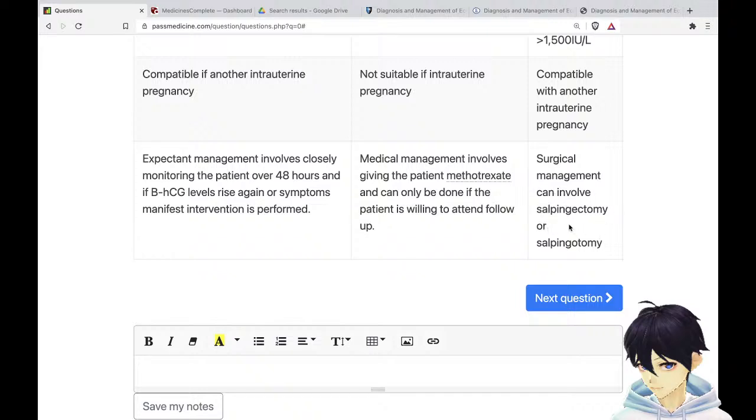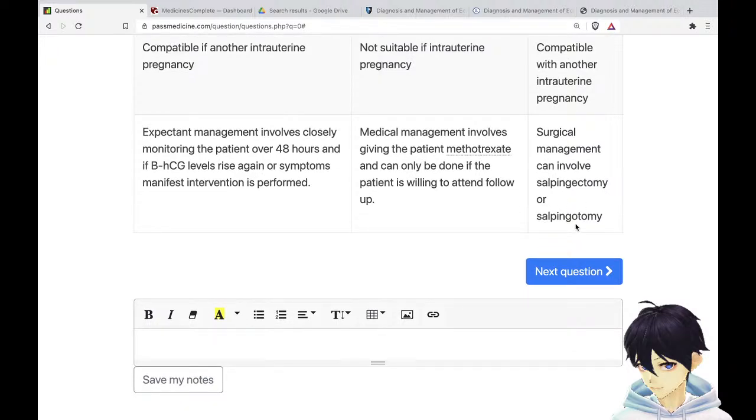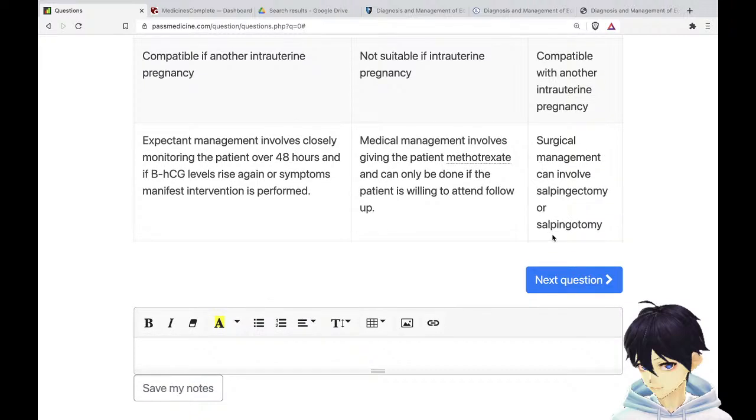However, if you want to try and retain their fertility, if the other fallopian tube is blocked or already removed or not working, then you have to try and do salpingotomy to preserve her fertility. However, sometimes salpingotomy might fail and then you have to end up doing salpingectomy instead.